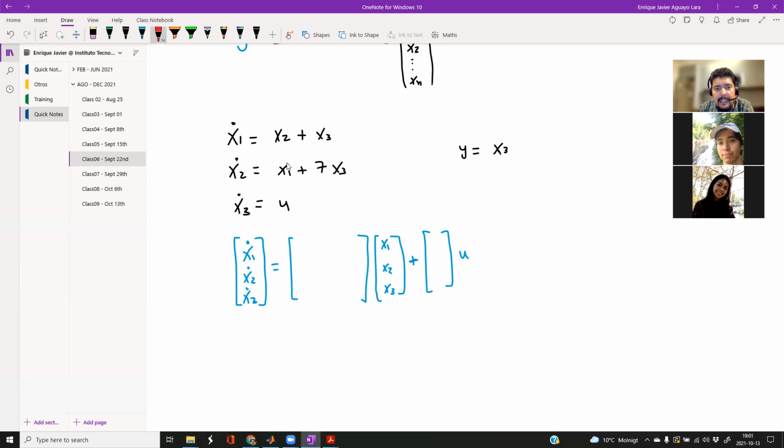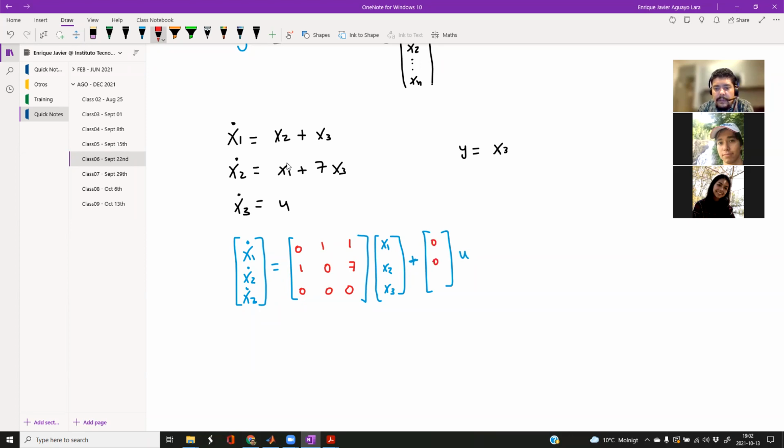Pretty simple. How many times do I have x1 in here? 0, x2, 1, x3, 1. In the second equation, x1, 1, x2, 0, x3, 7. In the final equation, 0, 0, and 0. And the input, what is the value that multiplies the input towards the state 1? 0.